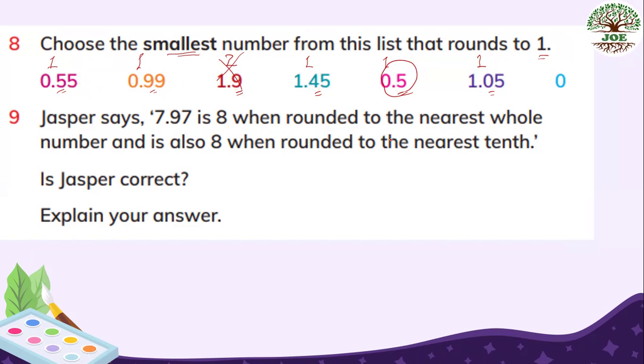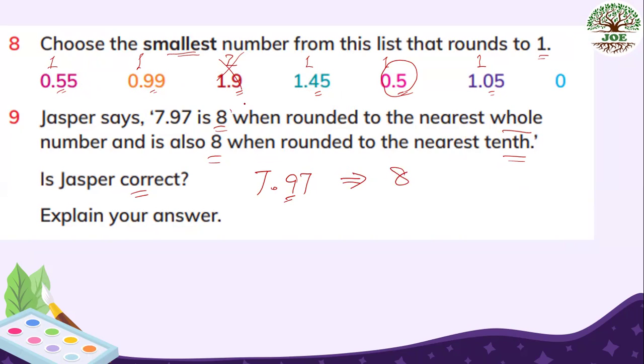Okay, number 9, Jasper says 7.97 is 8 when rounded to the nearest whole number, and is also 8 when rounded to the nearest tenth. So let's see, this number is 7.97. Is Jasper correct or not? Explain your answer. For the nearest whole number, we have to look at this digit 9, so we round up to 8. 7 rounds up to 8.